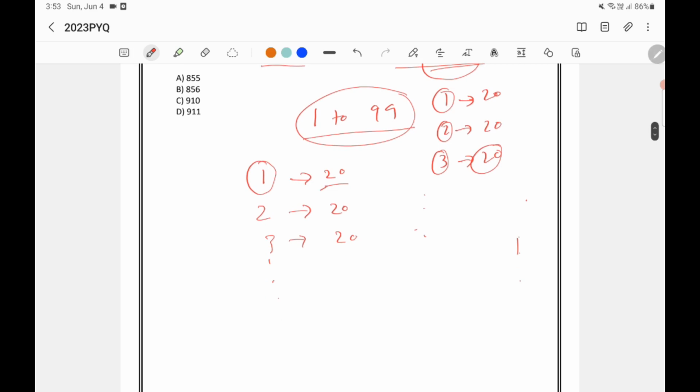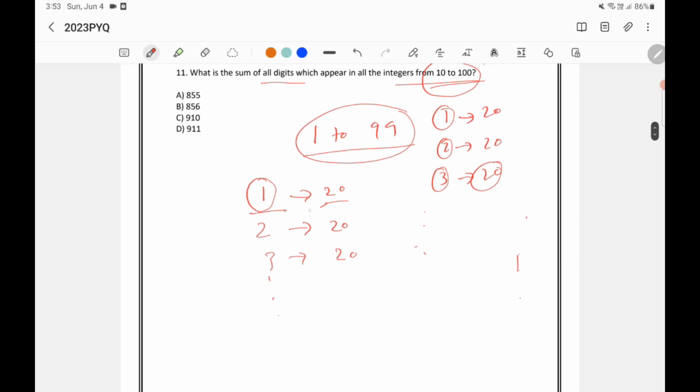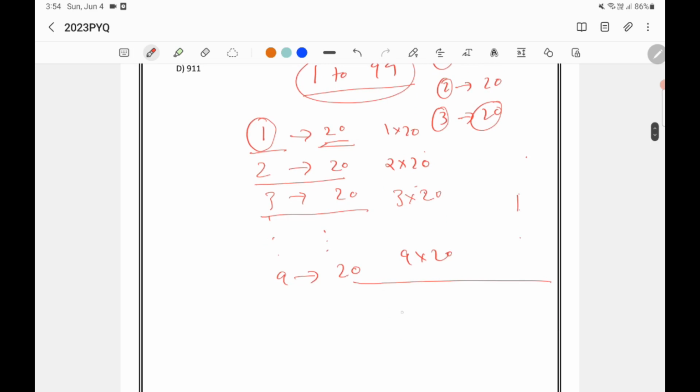So we need to add all these digits now, right? How much will come? 1 is coming 20 times, that is 1 into 20. 2 is coming 20 times, that is 2 into 20. 3 is coming 20 times, sum is 3 into 20. In this way, finally 9 is also coming 20 times, that is 9 into 20. If I add all these, we can take 20 common.